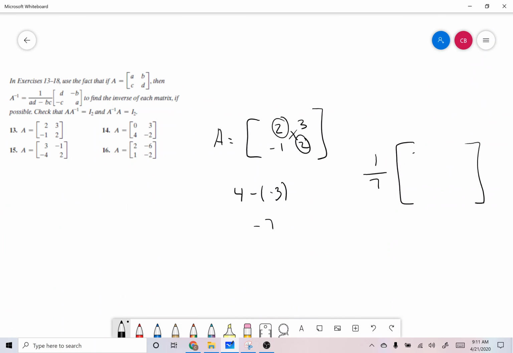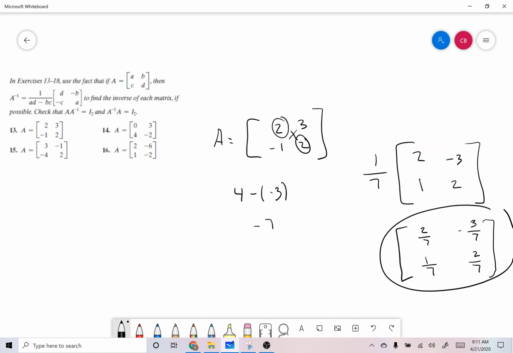Well, they're both 2, so they don't actually switch. And then we're going to negate these two, so these are going to be -3 and +1 now. And then all we're going to do is distribute that 1/7. So that's 2/7, -3/7, 1/7, and 2/7. And this is your inverse matrix.